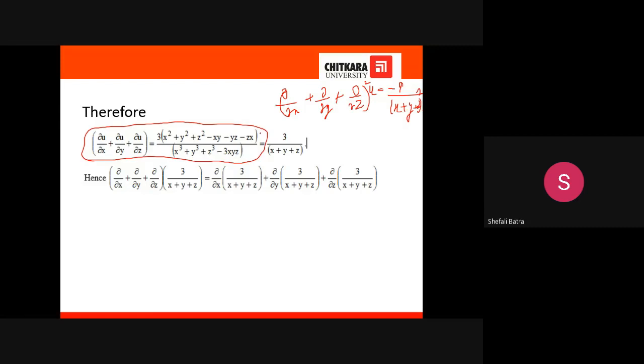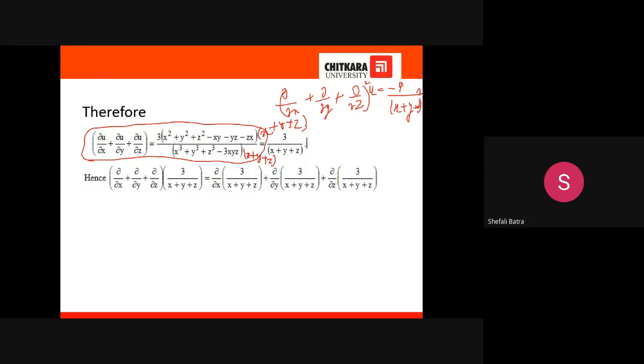So what I am doing, I am multiplying this complete term as well as dividing with the factor x plus y plus z. Just to prove this, I need the x plus y plus z factor in the denominator.